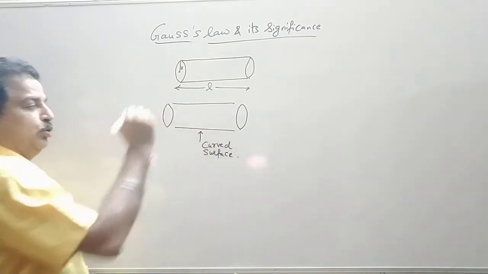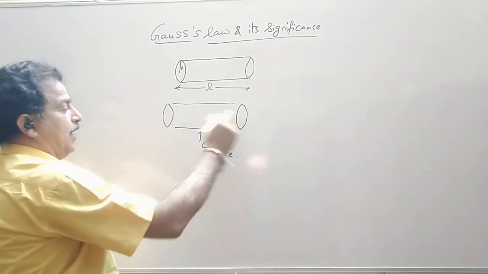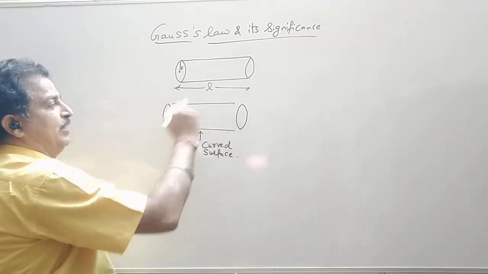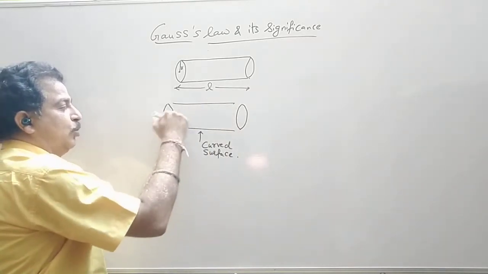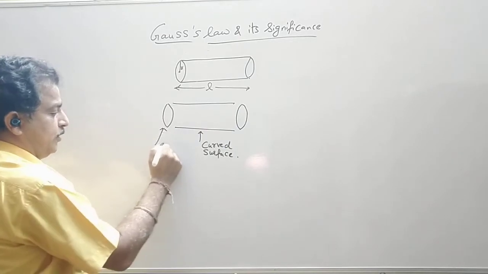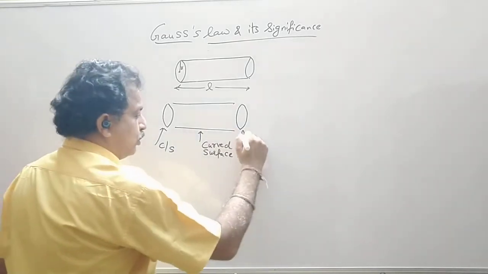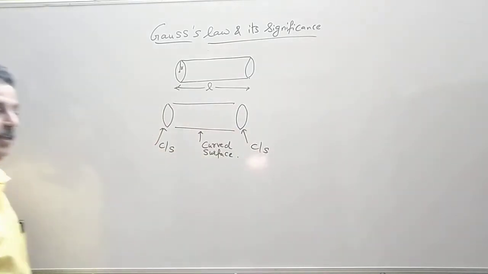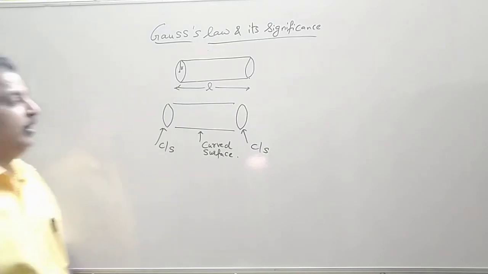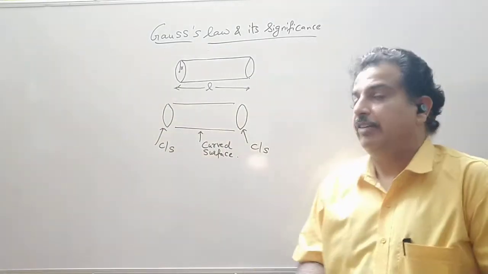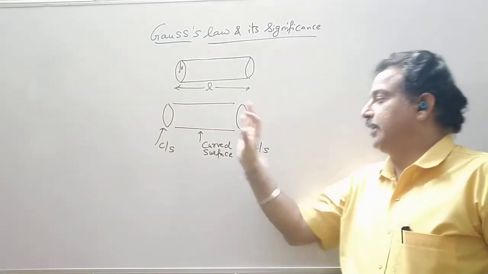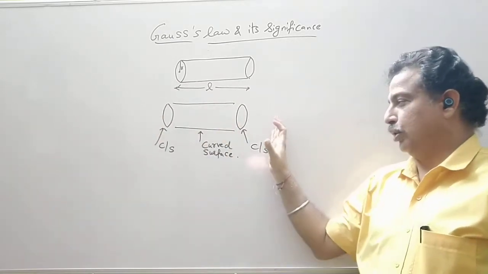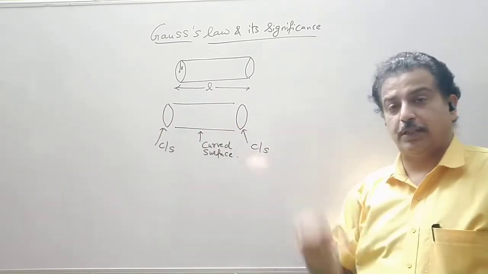So whenever we take a cylinder, we have to divide it into three parts. We have two cross sections and one curved surface.